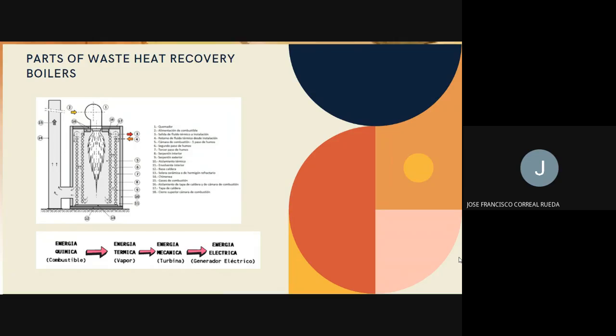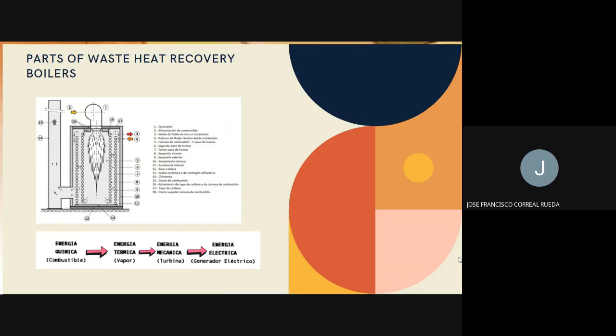Now, let's talk about how it works. In the lower part of the boiler, where the fuel is burned for combustion to occur, a fuel, air supply and heat are needed.